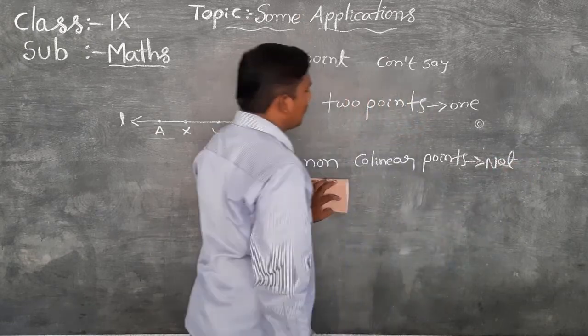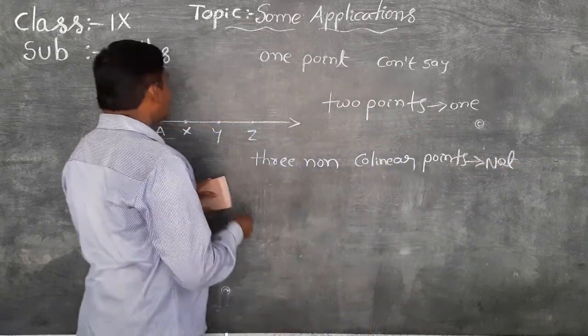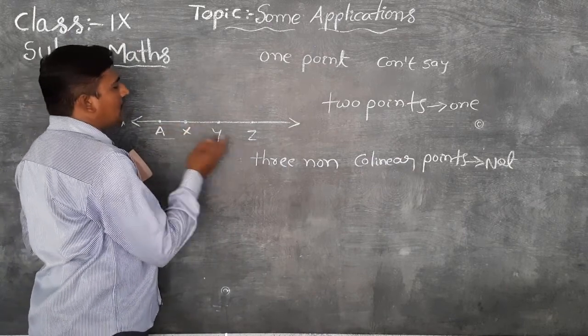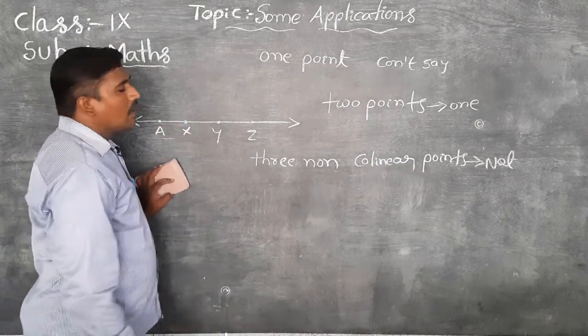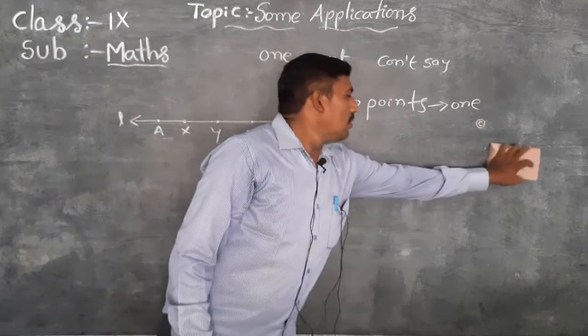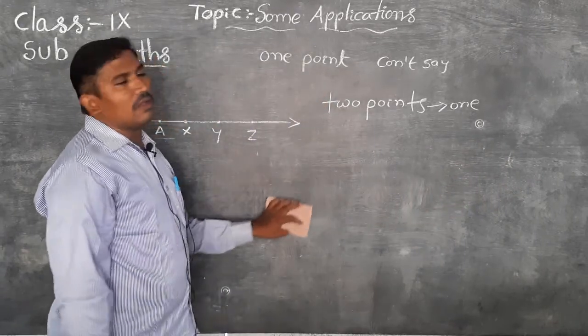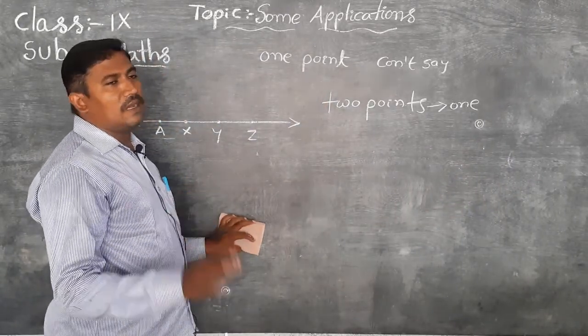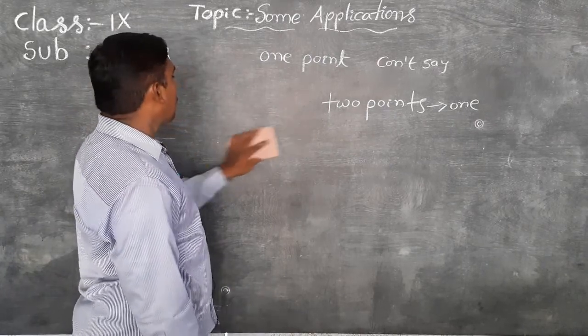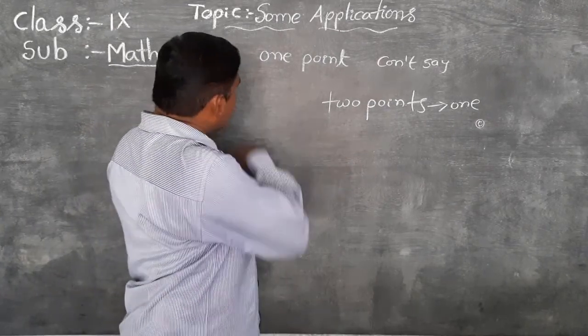For collinear points, 3 are also possible, 4 are also possible, so one line is possible. Non-collinear means it is not possible to draw a line. Not possible to draw. Okay, see.